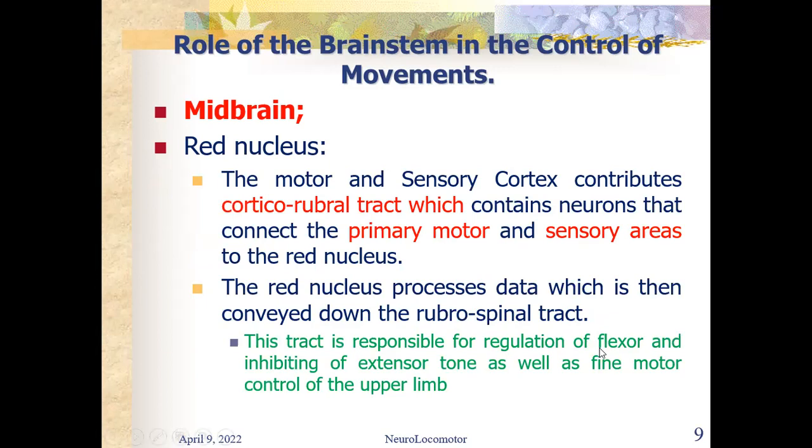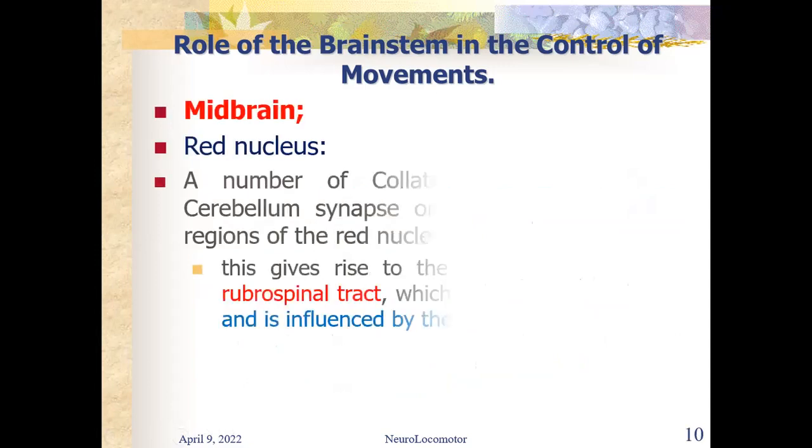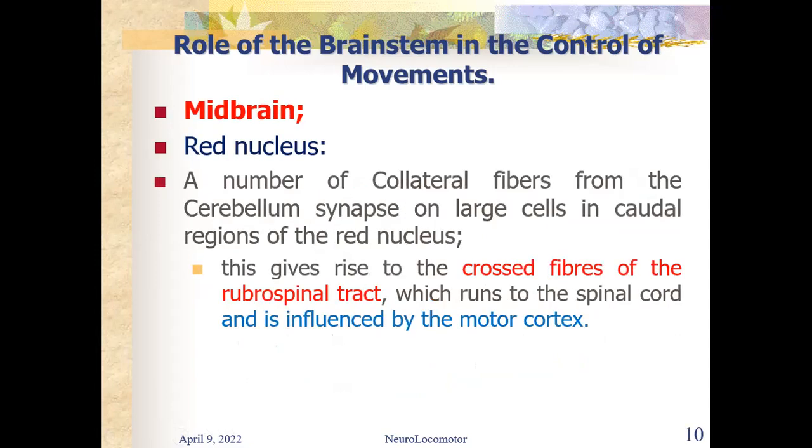So we also have another connection between the red nucleus and the cerebellum, which I've already explained. This is the detail of that connection here. A number of collaterals from the cerebellum synapse on the large cells of the red nucleus, and this gives rise to crossed fibers of the rubrospinal tract.